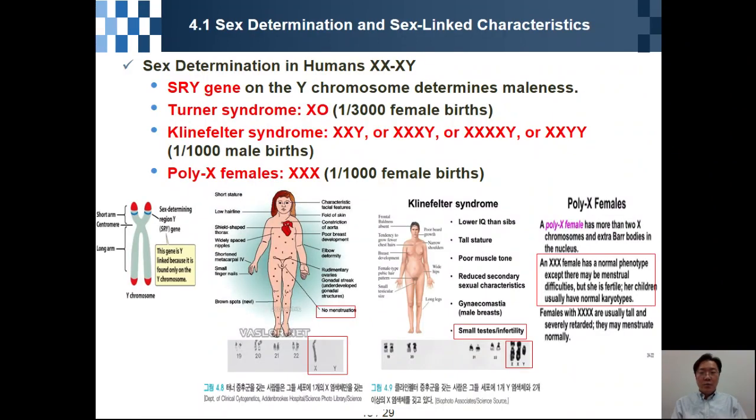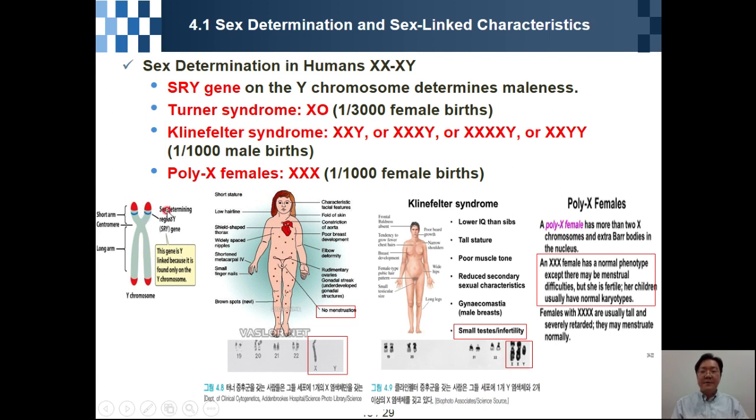In this slide, we will see sex determination in humans. As you already know, humans use the XX and XY sex determination. Usually the Y chromosome plays a very important role in maleness, because the Y chromosome has the SRY gene on the upper arm.